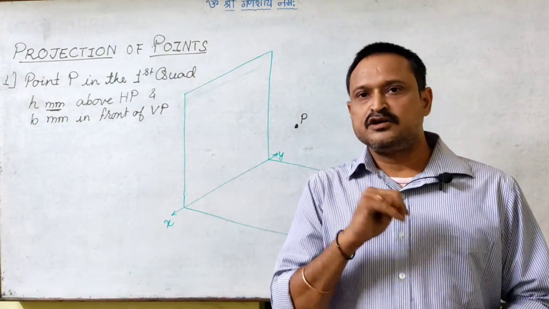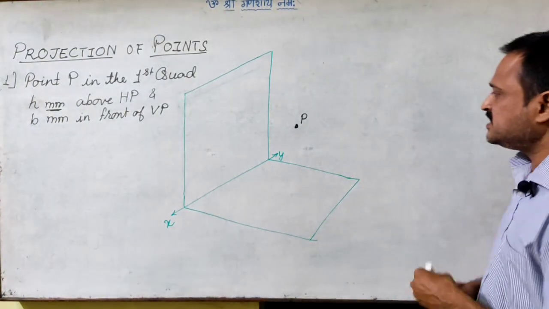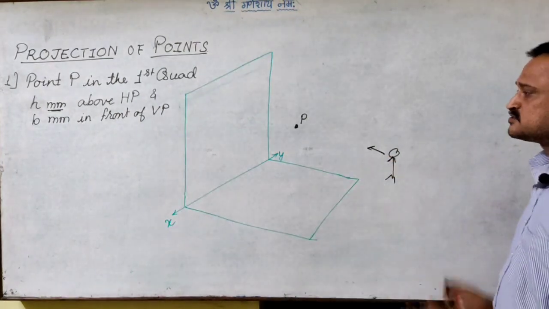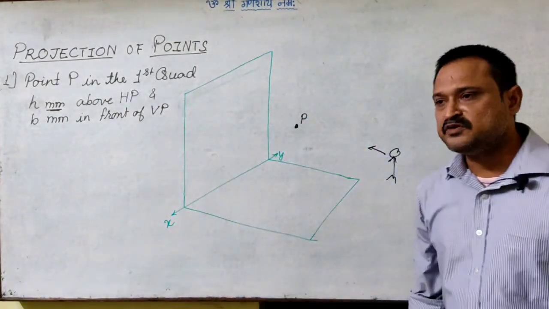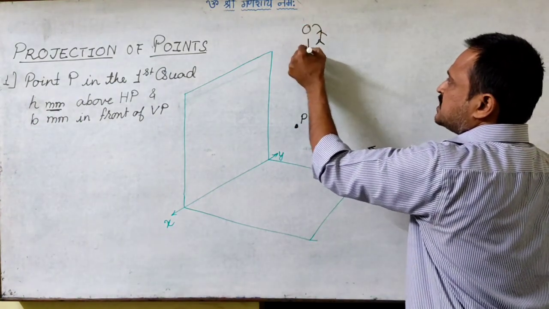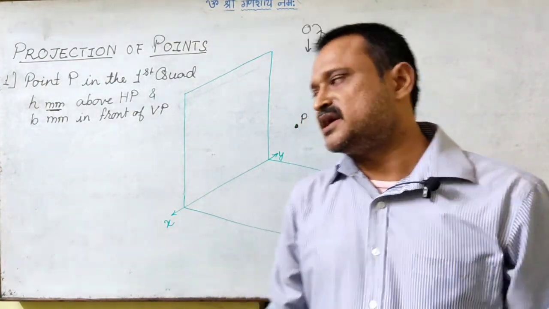We are depending on two images, that is the front view. So standing in front of the object or the point and looking at it, this will give me the front view image, and then moving to the top and looking at it from the top to get the top view image of the point.